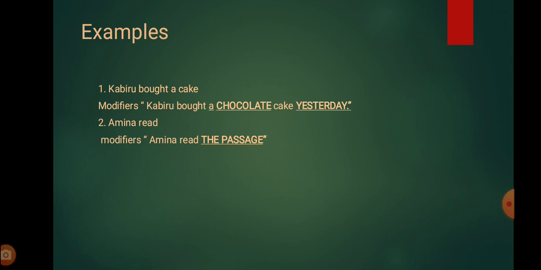We know that Amina read, but Amina may read a newspaper, magazine, or textbook. So it depends on what Amina read. By using modifiers, we say Amina read the passage. Now it is clearer, more engaging, and more specific.